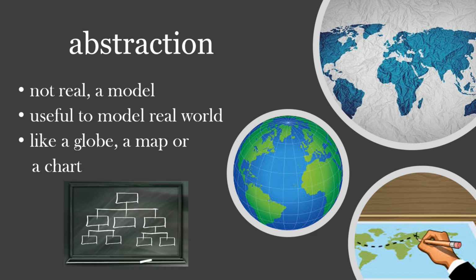Also in programming, we might use something like a hierarchical chart. Now you see that for a company, an organisational chart, but we use these types of abstractions to model things and use that inside the programming code design.